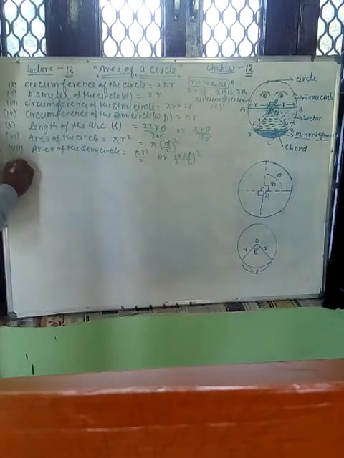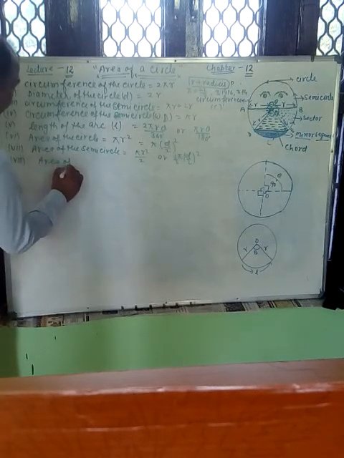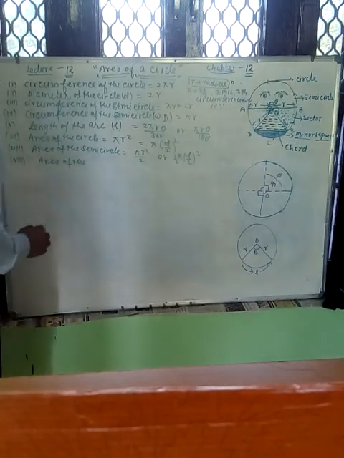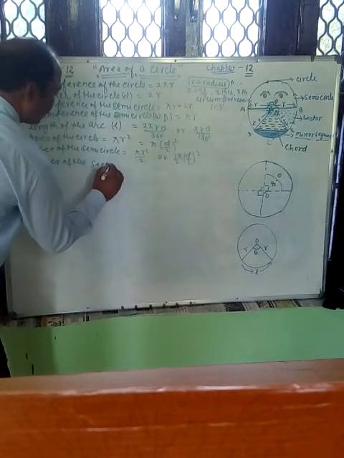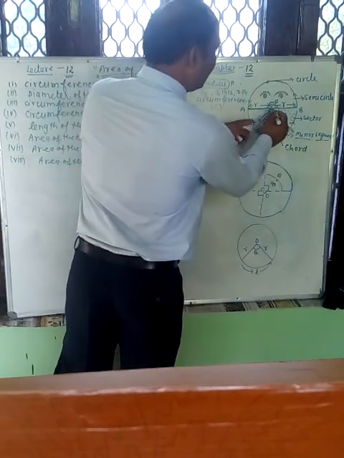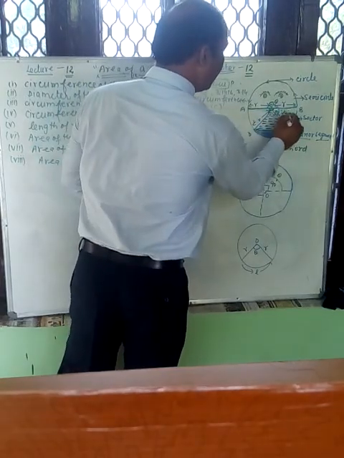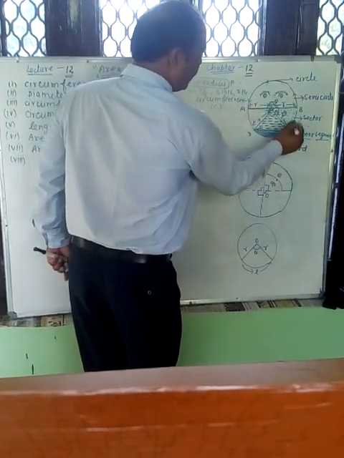Now the next is area of the sector. Sector means, suppose this is a sector and its angle is theta, meaning this part is called a sector.